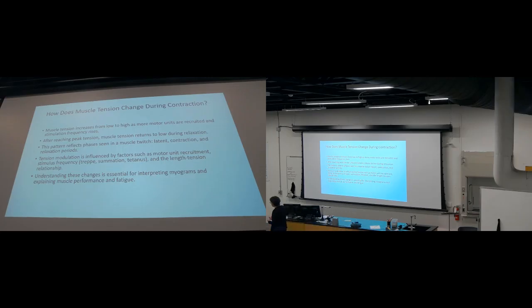So a motor neuron is a neuron that can stimulate muscle fibers individually or as a group. We have large motor neurons and small motor neurons, depending on the muscle. But you have a finite number of nerves.